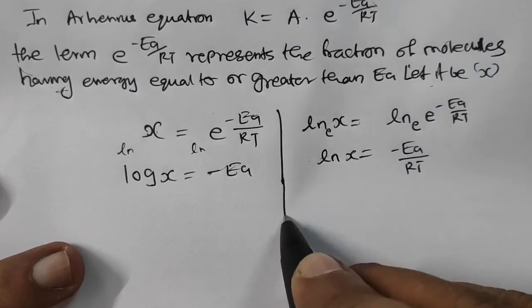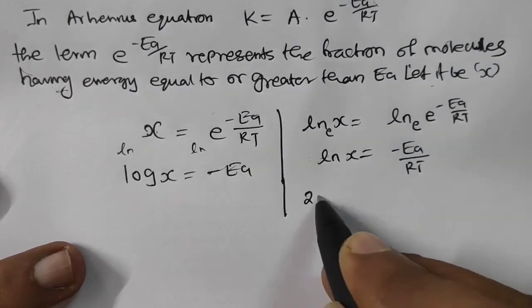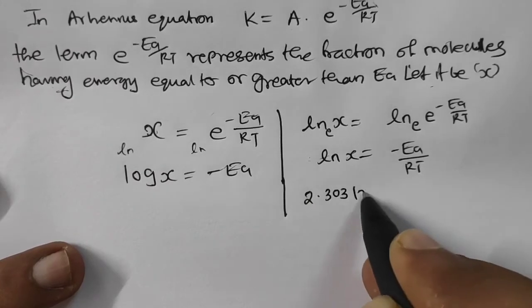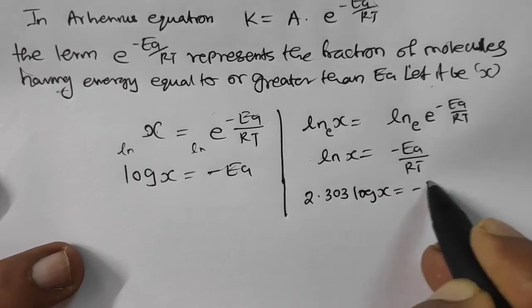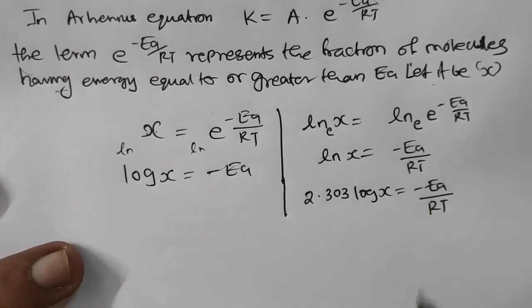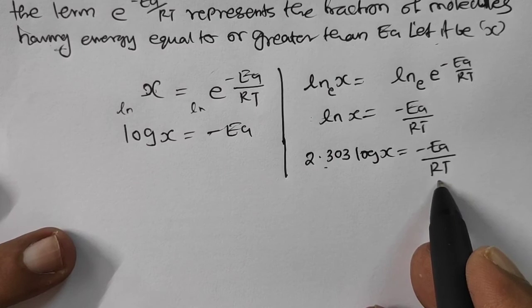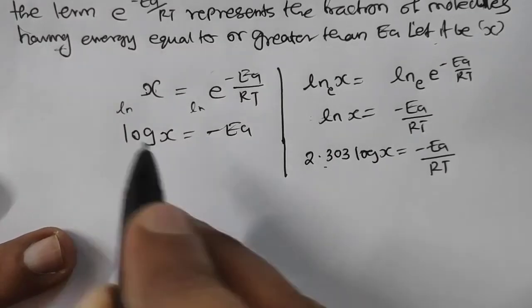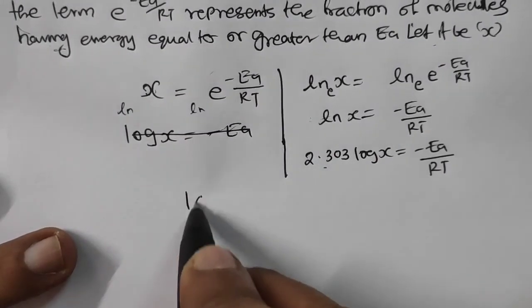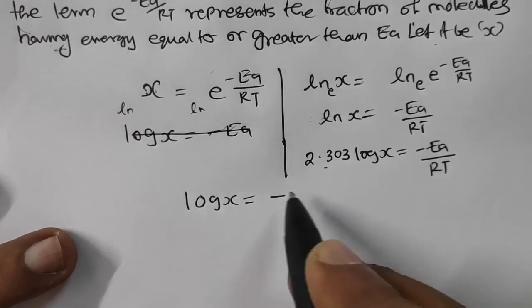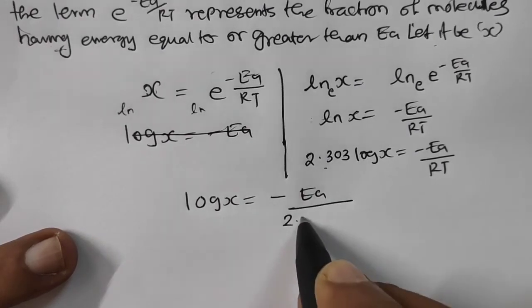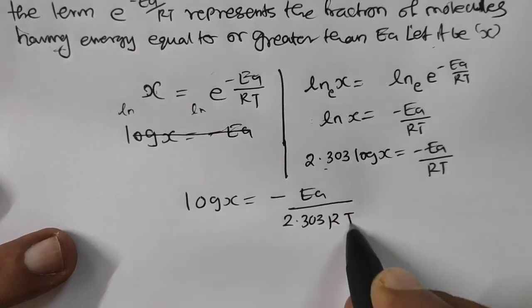Now if you change it into logarithm to the base 10, it will be 2.303 log x is equal to minus EA by RT. So now this 2.303 will go here, and we can write log x will be equal to minus EA upon 2.303 RT.